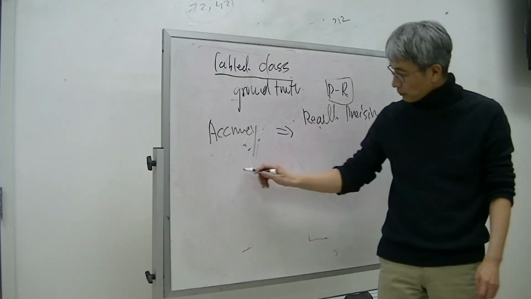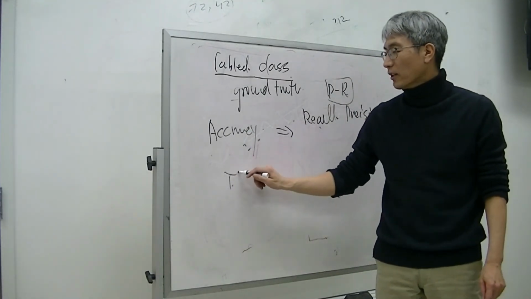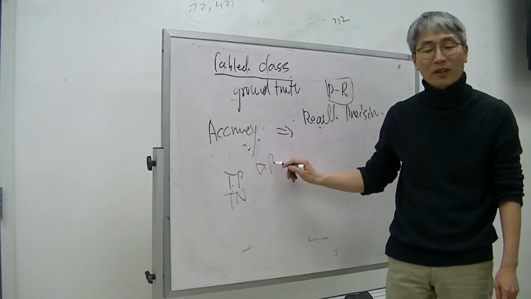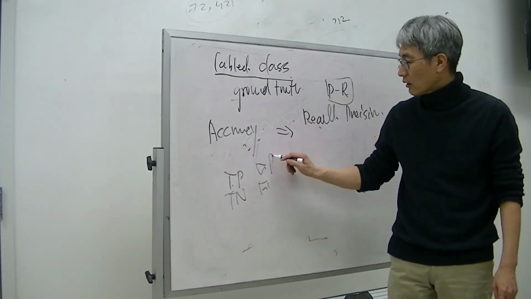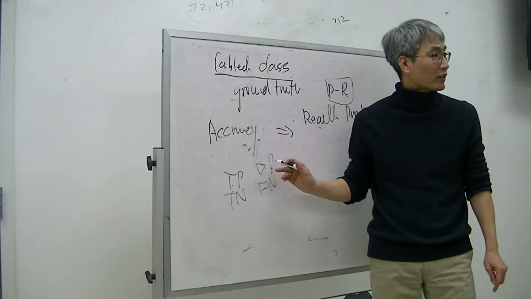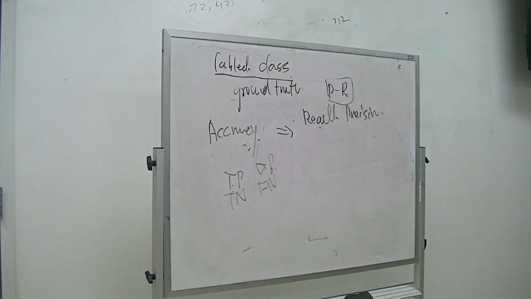Also, true positive, true negative, false positive, false negative. It's a confusion matrix. You need to consider that. So I'd like to introduce such validation methods and how to validate such data.